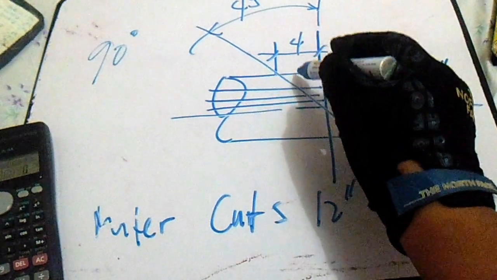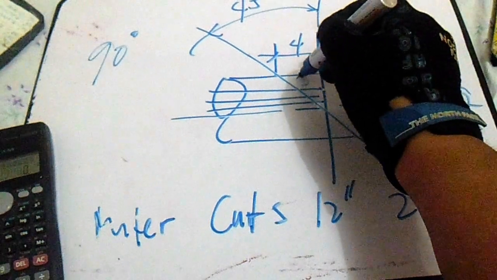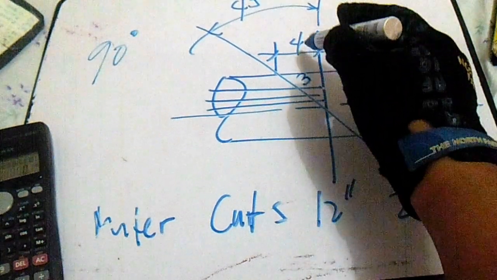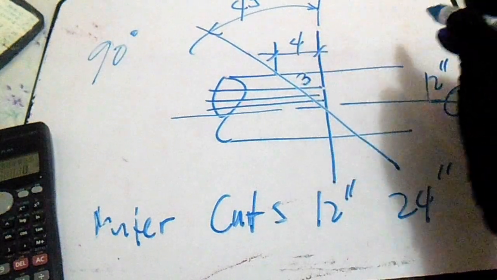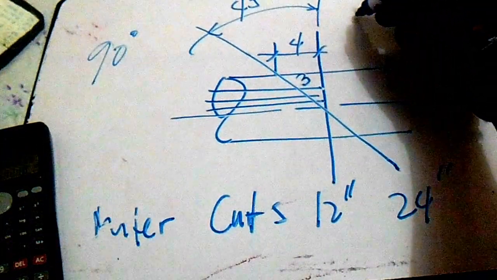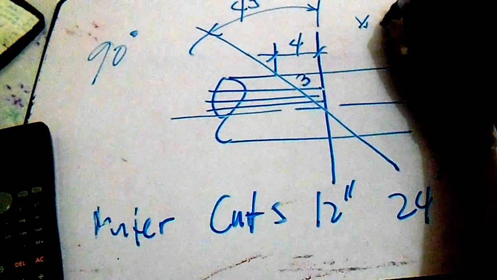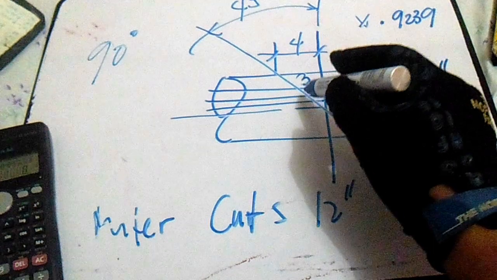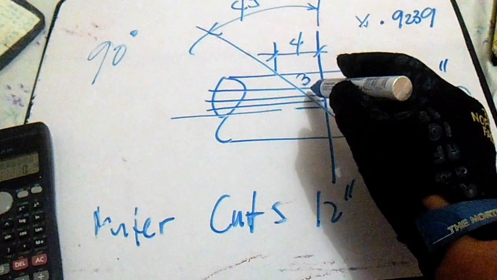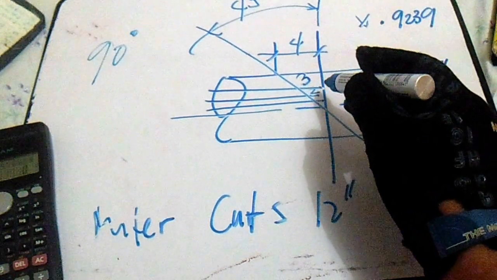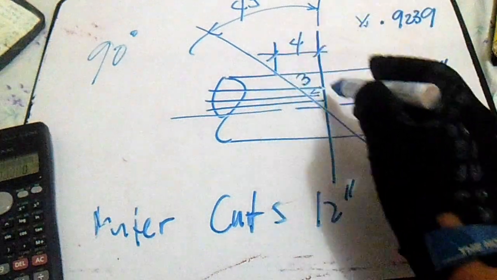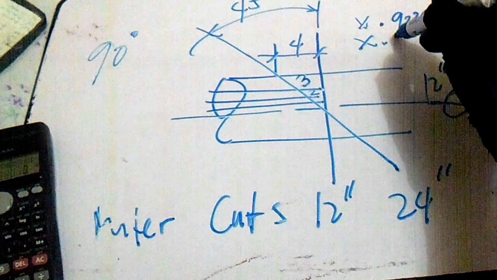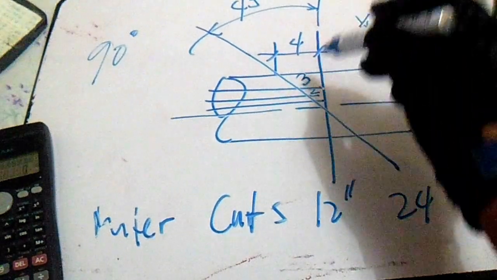Then next, to find number 3, dimension number 4 multiplied by 0.9239. Dimension number 2 is dimension number 4 multiplied by 0.7071.